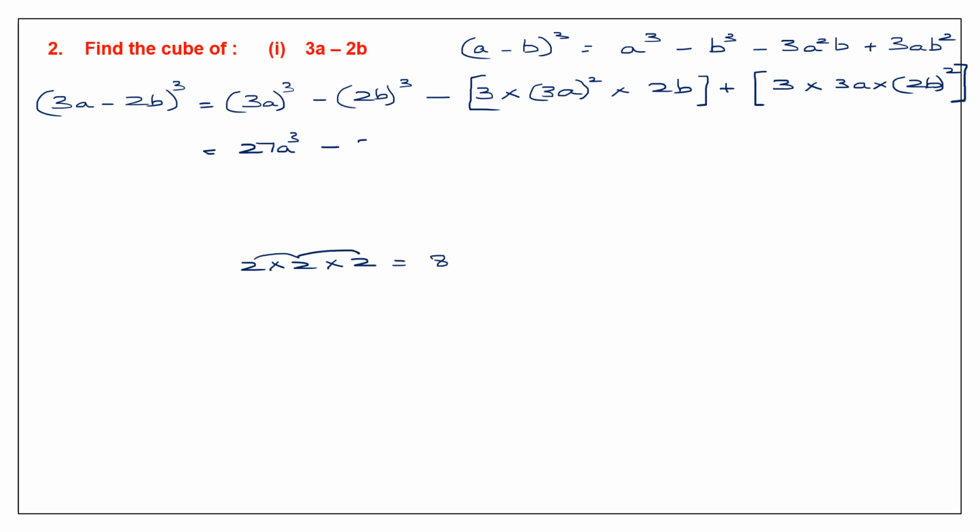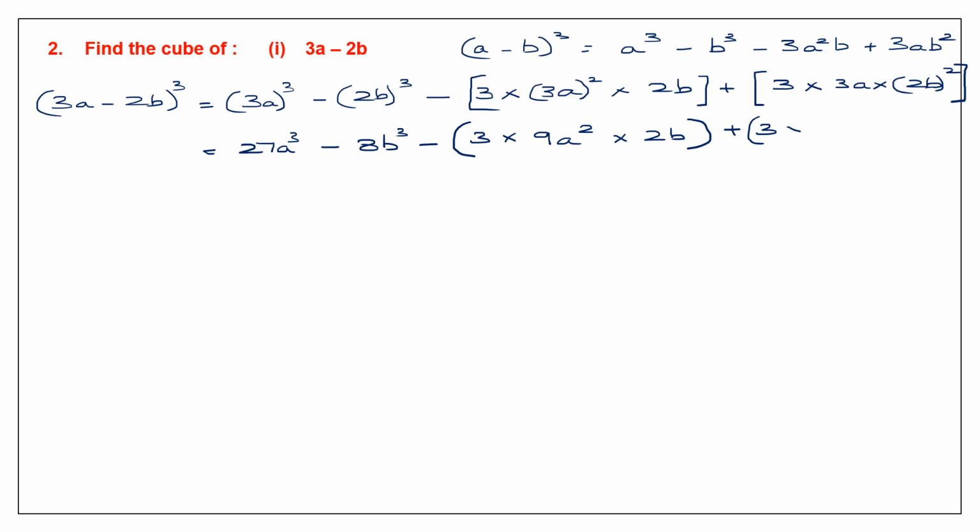So this is 8b cube minus, now in brackets we're going to write 3 as it is, into, now this we're going to simplify, 3a square. Square means 3 into 3. 3 3s are 9. 9a square into 2b. So this is within brackets plus, now here also we write 3 into 3a into, now let's simplify this.